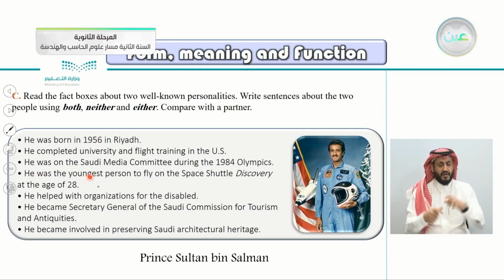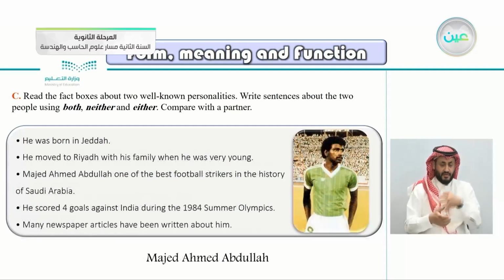He was the youngest person to fly on the Space Shuttle Discovery at the age of 28. He helped with the organizations for the disabled. He became Secretary General of the Saudi Commission for Tourism and Antiques. He became involved in preserving Saudi architectural heritage. So this is Prince Sultan bin Salman.